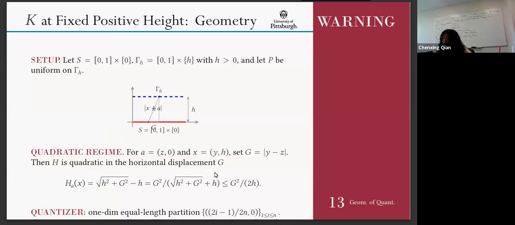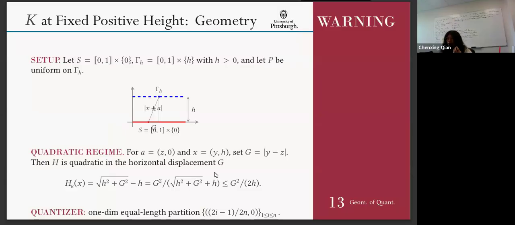Let S be the unit segment on the x-axis, and let gamma h be a parallel segment with a fixed positive height h, and let P be the uniform distribution on gamma h. Then the projection in this case is just S itself, and the dimension here is one.